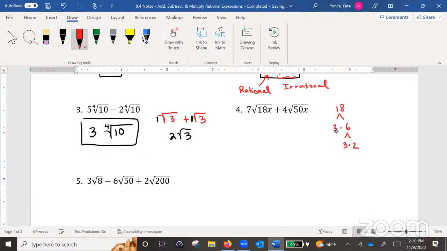Okay, so let's go back over here. We have the 7 on the outside, and inside here we have, I'm going to put it in order, 2 times 3 times 3, and then we still have an x, right?